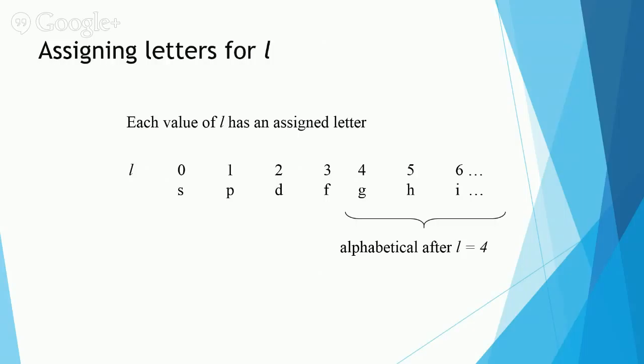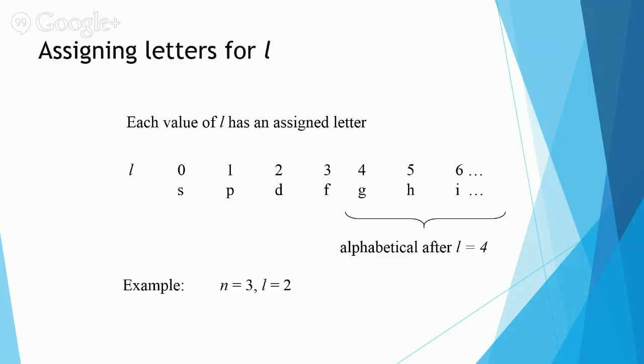So 3 is F, G will be 4, H will be 5, and so on. People ask what happens when you get to O. Are you going to skip P, or do it again? We probably won't have to worry about that for a long time. You'll see that as you get more into electron configurations, actually putting electrons into these different shells and subshells.